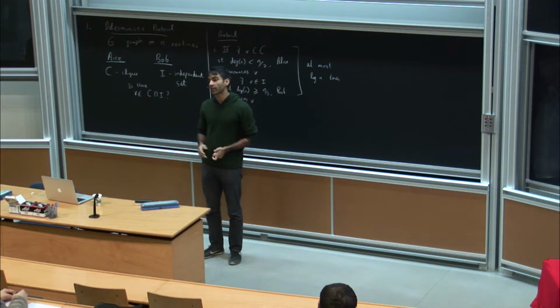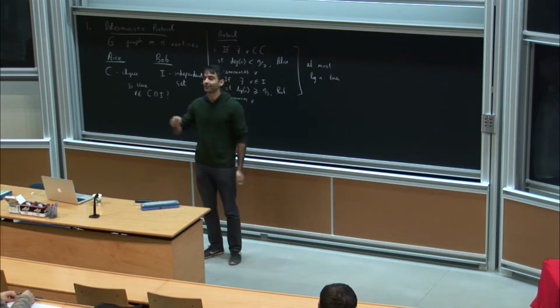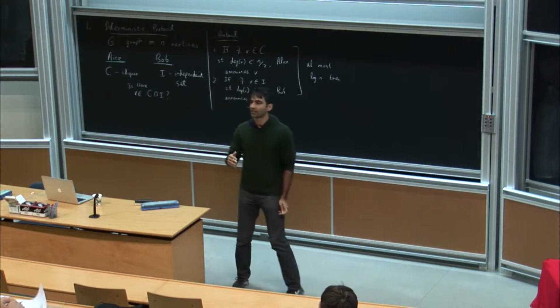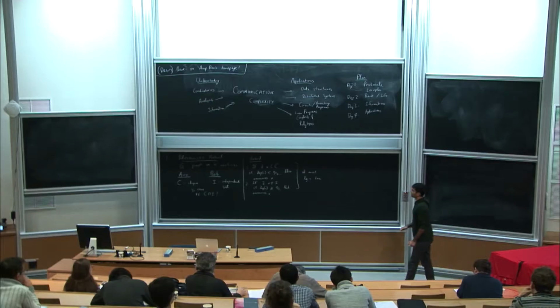In fact, there are problems which, with 10 rounds of interaction, you can solve very efficiently, but with 9 rounds you require an exponentially larger amount of communication. So for every k, you can solve it with k rounds, but not with k minus 1 rounds.